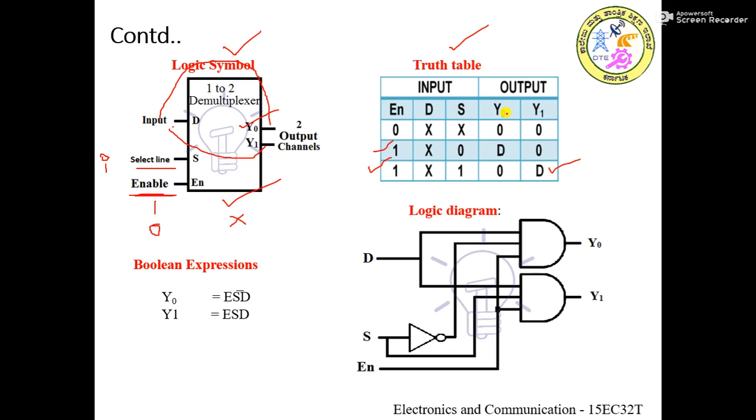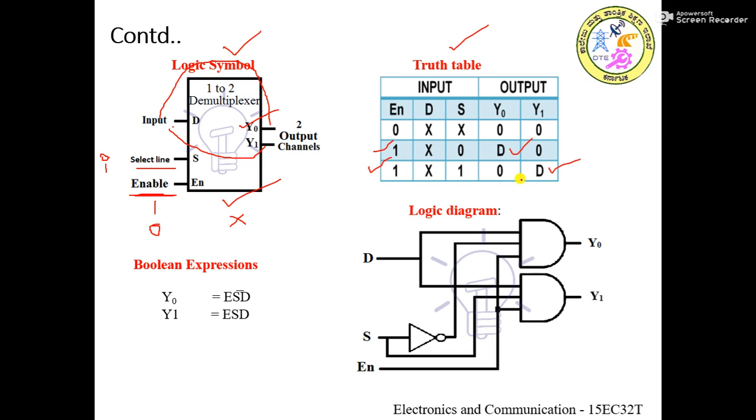Here you can see y0 is 0 for the first and third case and it is D for the second combination. So for this combination we look at what the corresponding input literals are, that is, enable E, S bar and D. E S bar D. Similarly for y1, for the first two combinations it is 0, so we are not supposed to write anything.